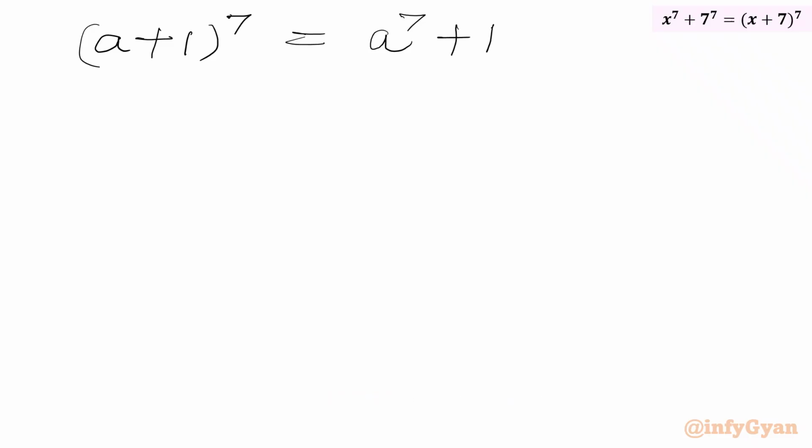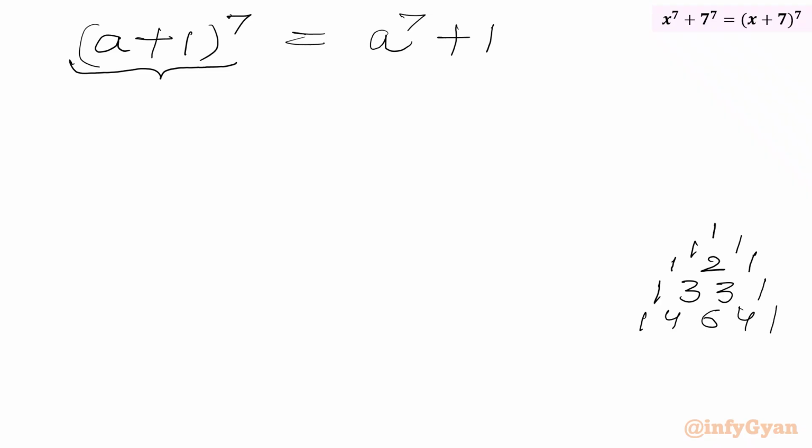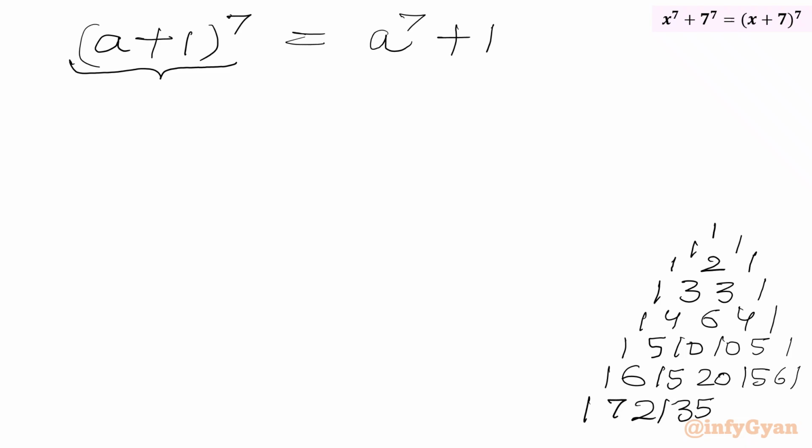Now I will use Pascal's triangle as we have to find all the expansion coefficients for (a + 1)^7. So for power 2 the coefficients would be 1 2 1, for power 3 1 3 3 1, for power 4 1 4 6 4 1, for power 5 1 5 10 10 5 1, for power 6 1 6 15 20 15 6 1, and for power 7, which is required here, 1 7 21 35 35 21 7 1. Let's use these coefficients for our expansion.